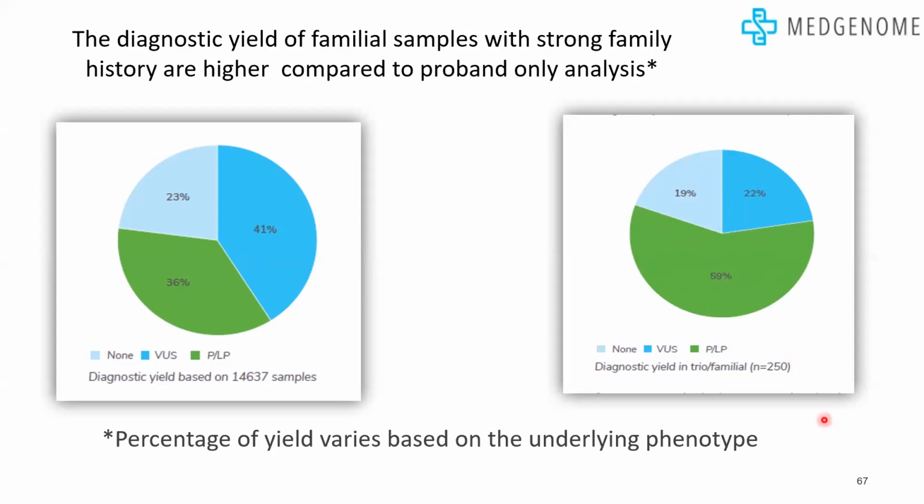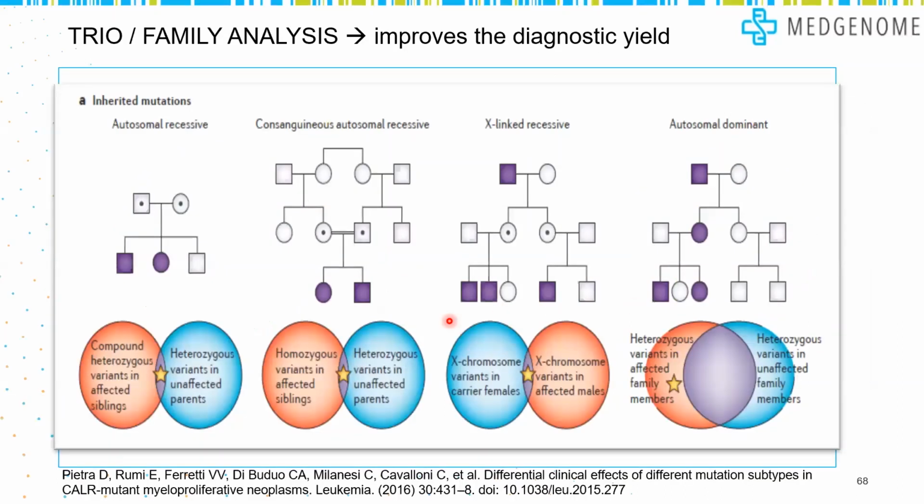So this is done in very few samples, but probably we can explain in a better way why a trio or a family analysis will improve the diagnostic yield. For inherited mutations, you may have either the autosomal recessive, X-linked recessive, or autosomal dominant form.